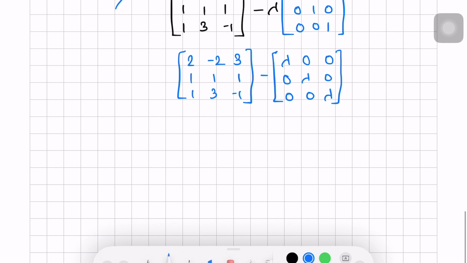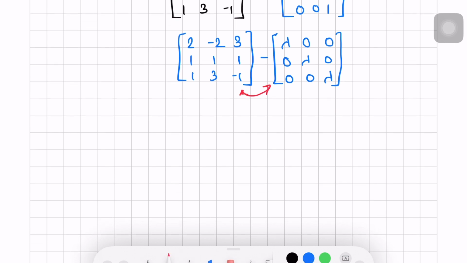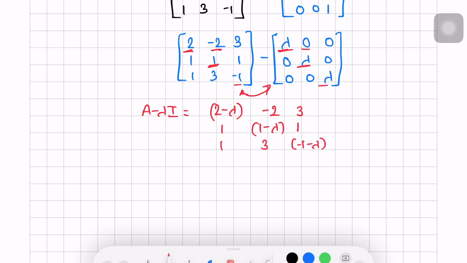Now we are going to subtract these two matrices, and the final result of A minus lambda I will be 2 minus lambda. This minus this, and minus 2 minus 0 will of course remain the same, and in this 1 minus lambda, this will remain as it is, 1 3 minus 1 minus lambda. So we got A minus lambda I.